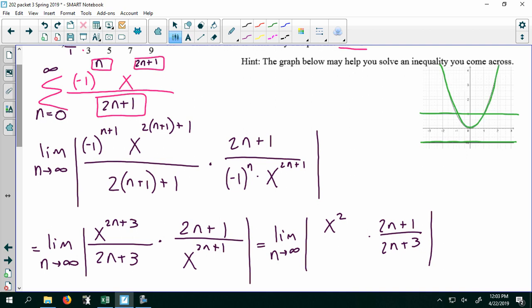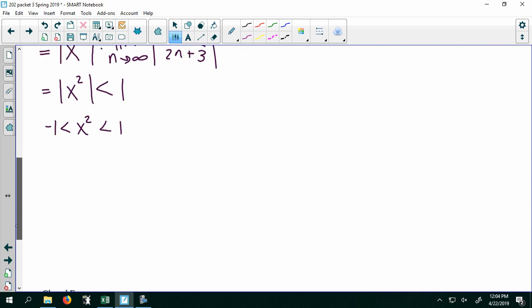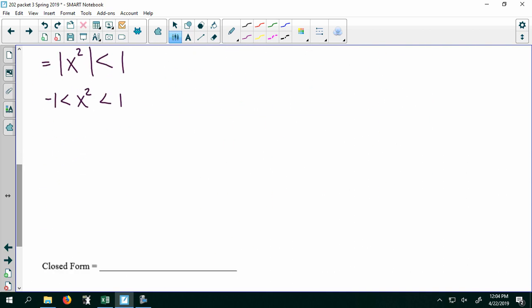So I want to know, where is x squared between -1 and 1? Where is it sandwiched between -1 and 1? And it's all these values here. All these values on x squared are between -1 and 1. And that happens on this interval from -1 to 1 for the x's. So this is true when x is between 1 and -1. So that's my open interval of convergence.